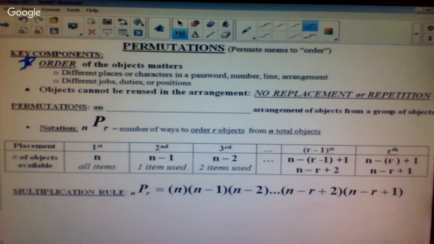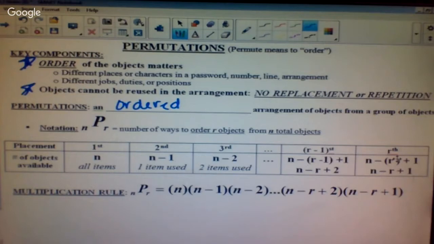The president holds something more than what the vice president holds. The vice president's above the secretary. So that is a permutation. Also, objects can never ever be reused or repeated in a permutation. Okay? So, a permutation is an ordered arrangement of objects.